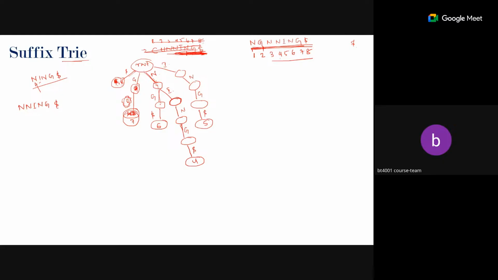What happens when I start with nning dollar? I start with n. We look for the child of the root containing the character n, and it is already there. The edge going from the root has the letter n as its weight.